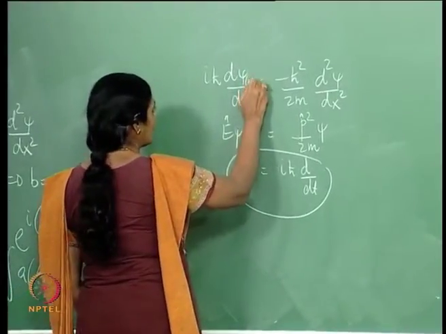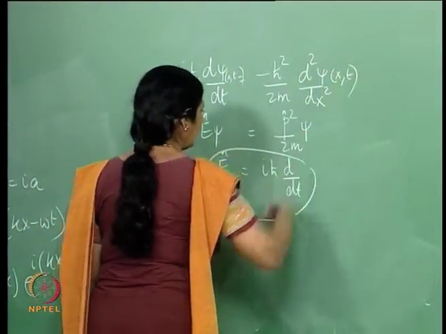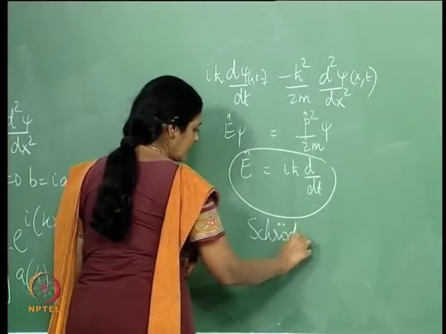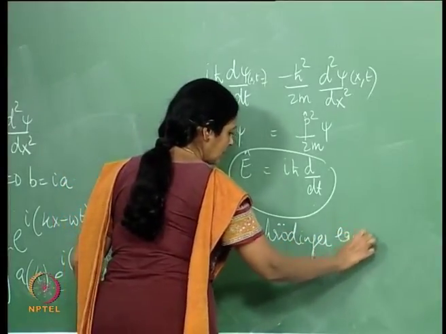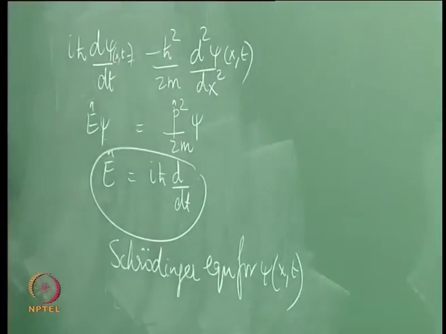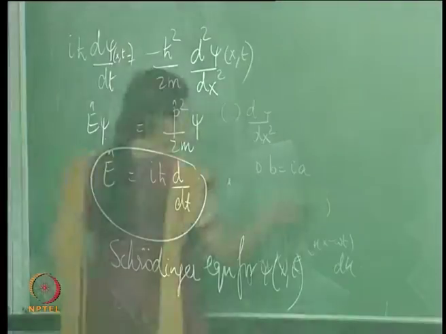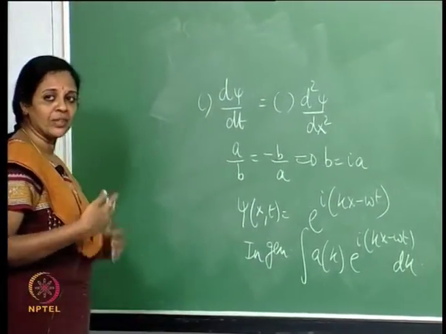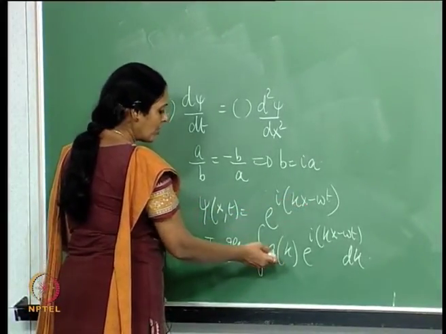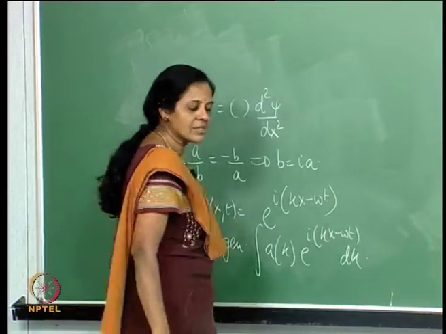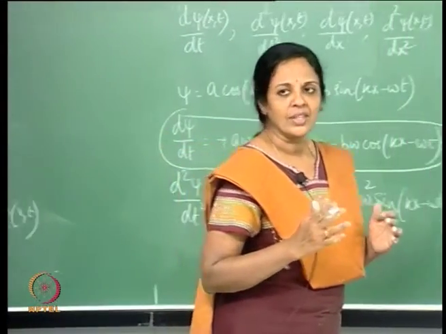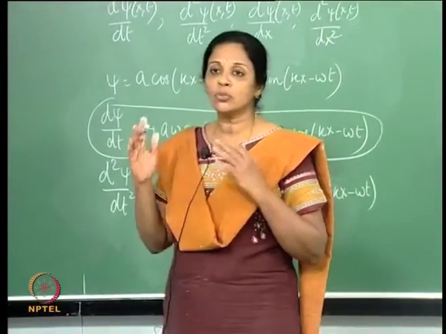These are all functions of x and time. This is the Schrodinger equation for ψ(x,t). Of course, if you choose not to put in time, which is what we will do for the moment, we will take up dynamics later, it is clear that ψ is of the form e^{ikx}, or a general superposition A(k) e^{ikx}, which is what we saw earlier when we looked at the energy equation Hψ equals Eψ without worrying about the dynamics.